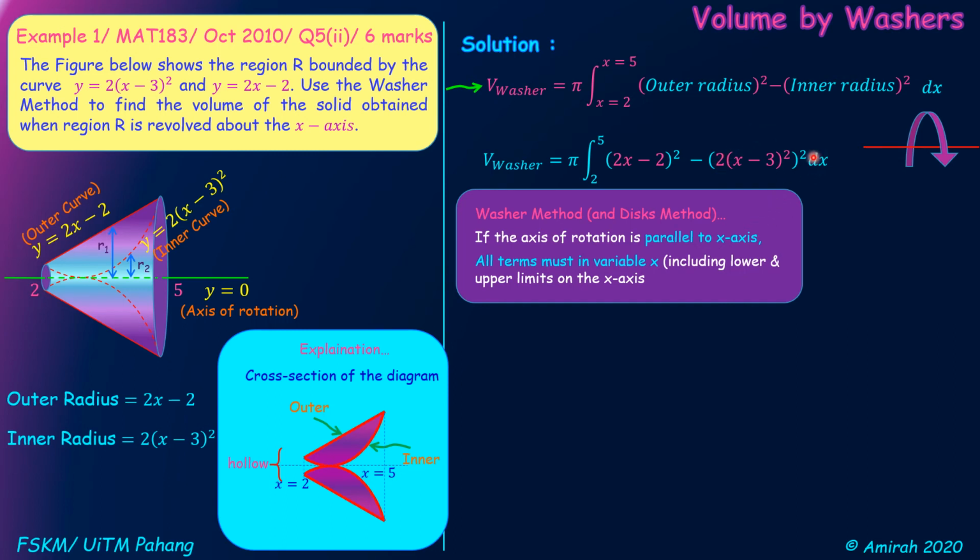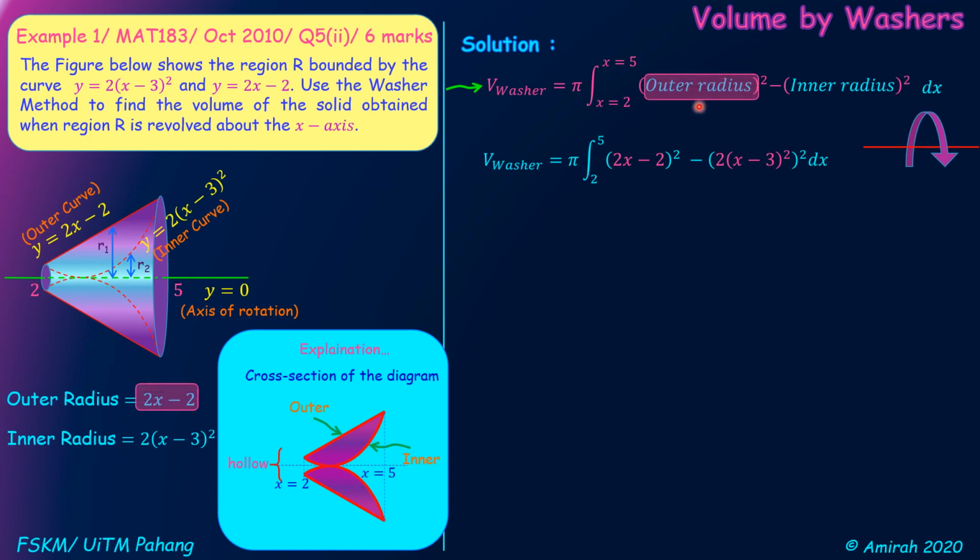In the washer method, if the axis of rotation is parallel to the x-axis, we need to write everything in terms of variable x, including the lower limit and upper limit, which must be on the x-axis.